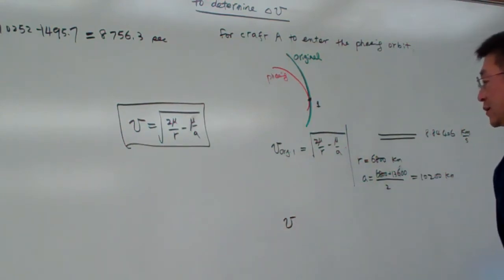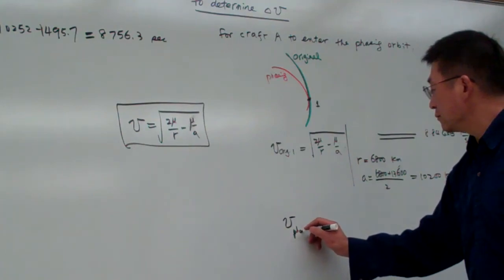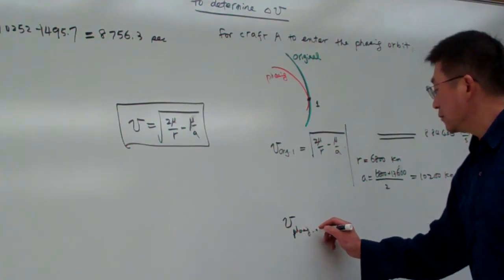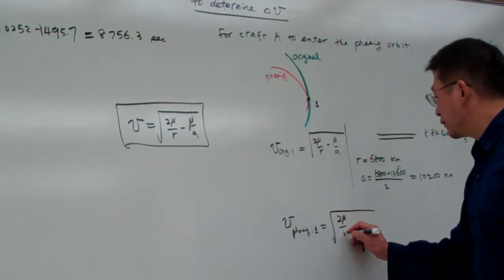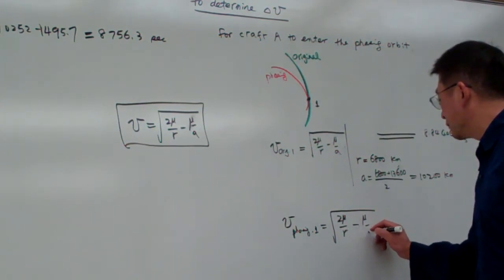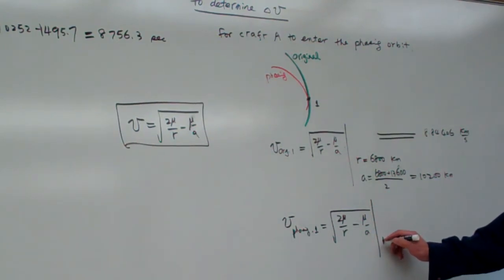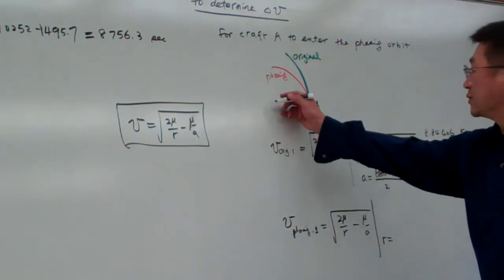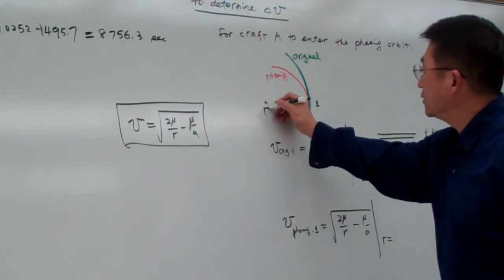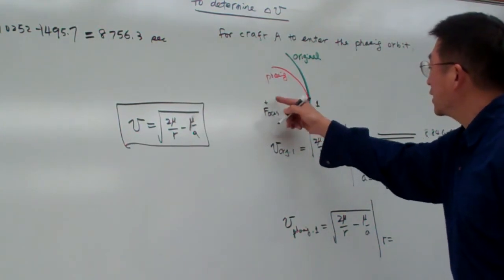For the velocity on the phasing orbit at point 1, again 2 mu over r minus mu over a. What is r? Again at the same point, so they share the common focus and have the same r.